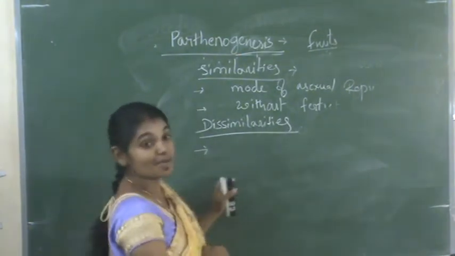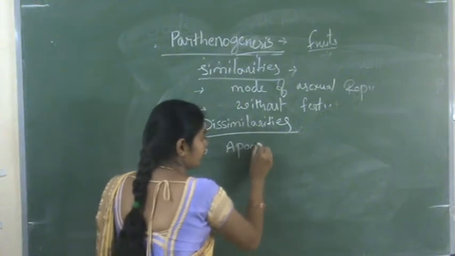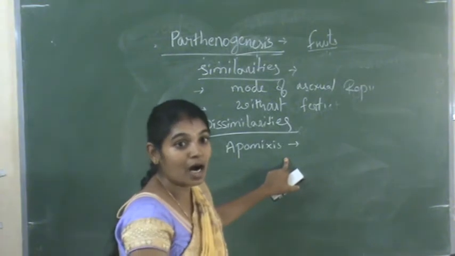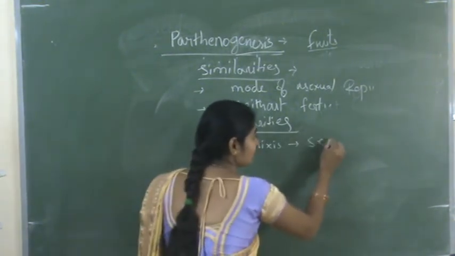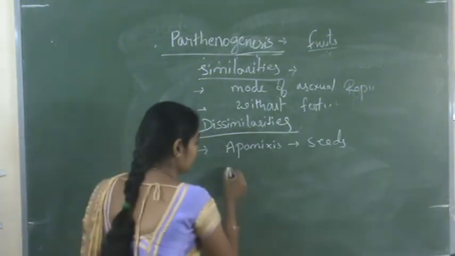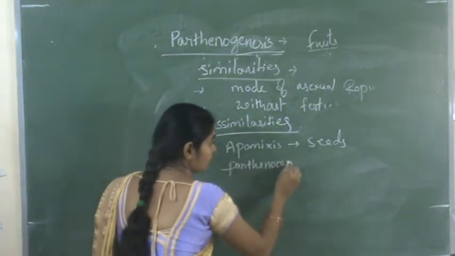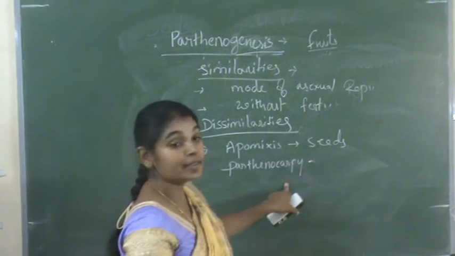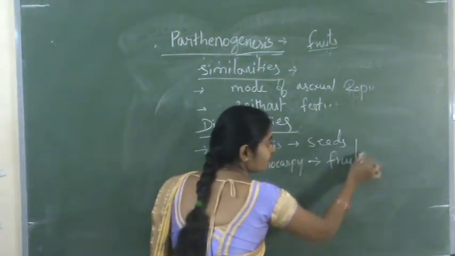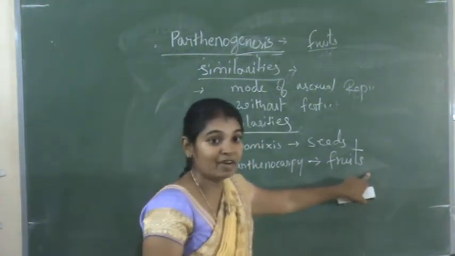The first dissimilarity is that apomixis is the formation of seeds without fertilization, whereas parthenocarpy is the formation of fruits without fertilization.